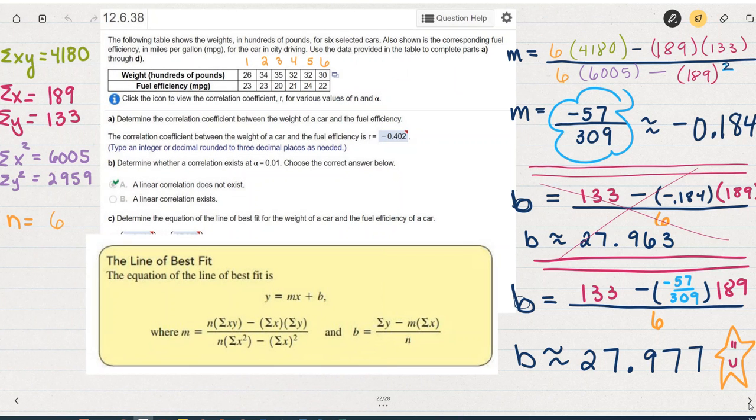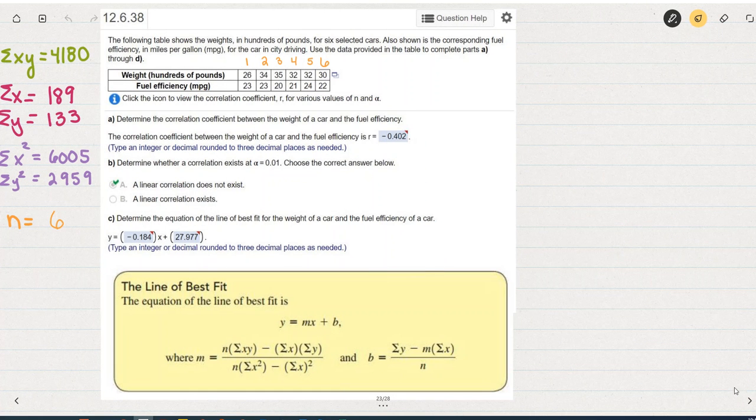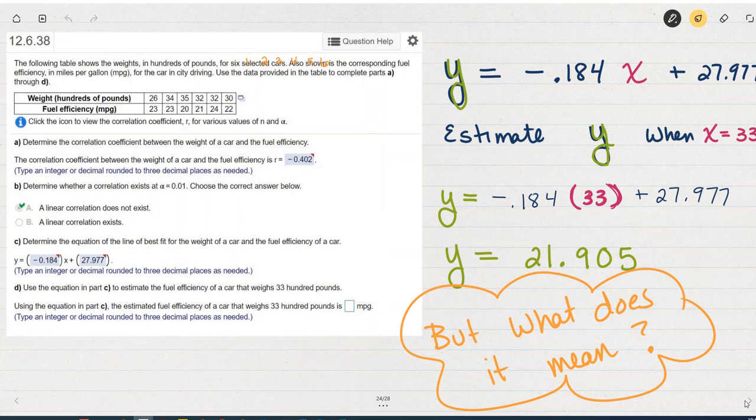Once we have our m and our b, we can fill those in to give the equation y equals negative 184 thousandths x plus 27 and 977 thousandths. And we could use that information to answer this question. We could use that equation to estimate fuel efficiency if a car weighs 3,300 pounds.